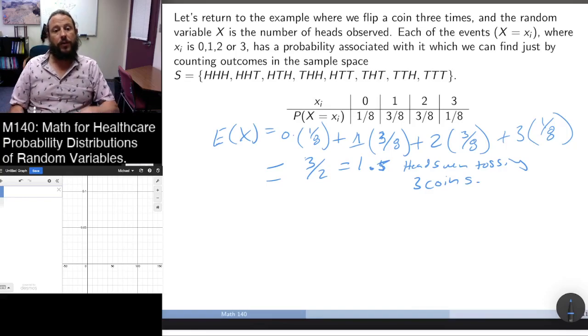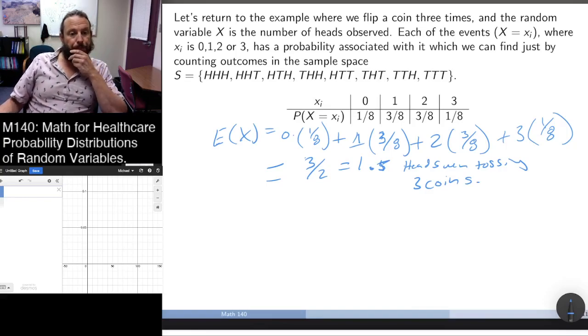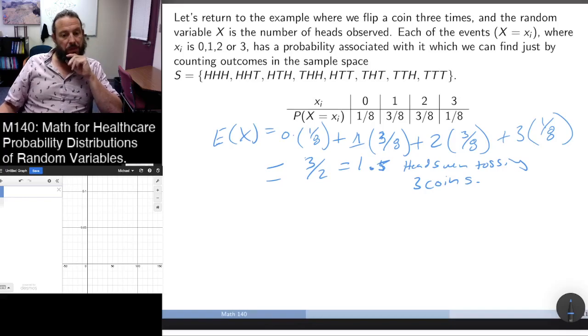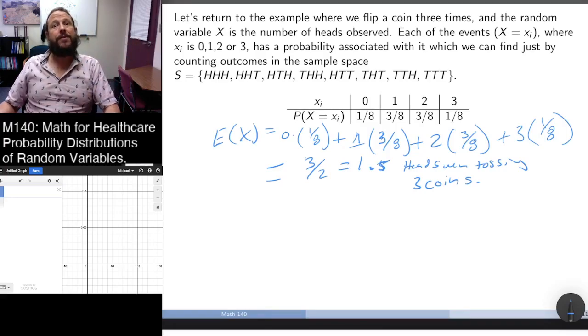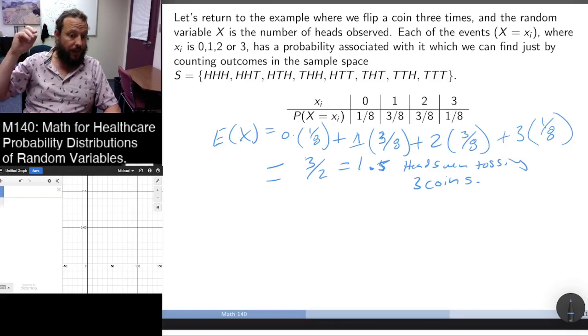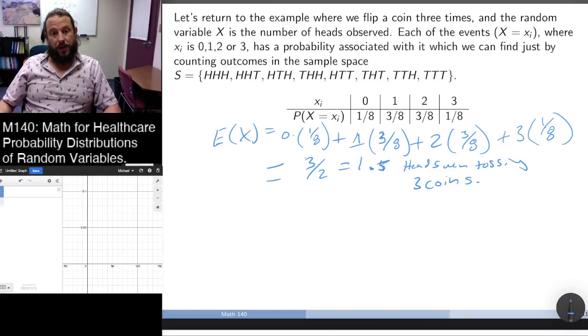And they're fair coins. We're assuming 1/2. All right, so now you may ask yourself, well, wait a second. We can't get 1.5 heads, and you're right. However, remember, whenever you take averages, you can get things that you can't get. For instance, if I only gave grades of 85, 90, 95, when I average those things together, I could get 92.3, and that's okay.